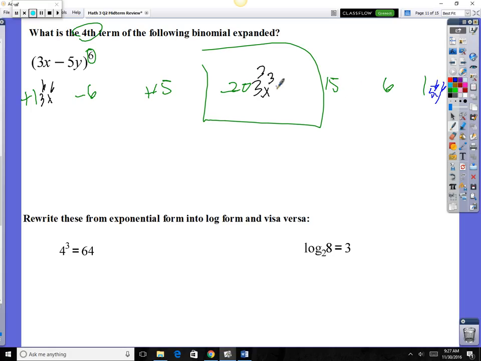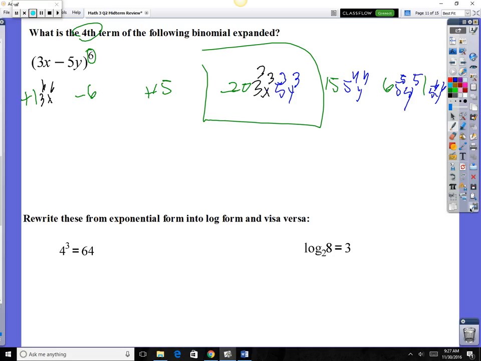Uh-oh. 6, 5, 4, 3, 1, 2, 3, 4, 5, 6, 6, 5, yeah. So this will be 5 to the 5, y to the 5, 5 to the 4, y to the 4. So this should be 5 to the 3, y to the 3. And it works because your exponents add up to be 6. 3 and 3 is 6.